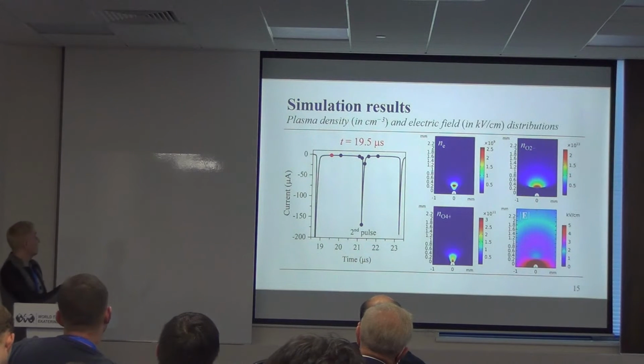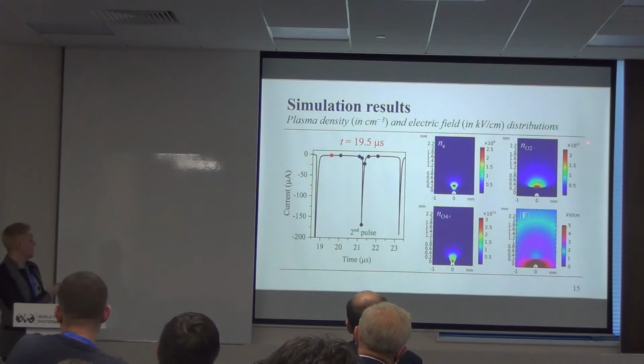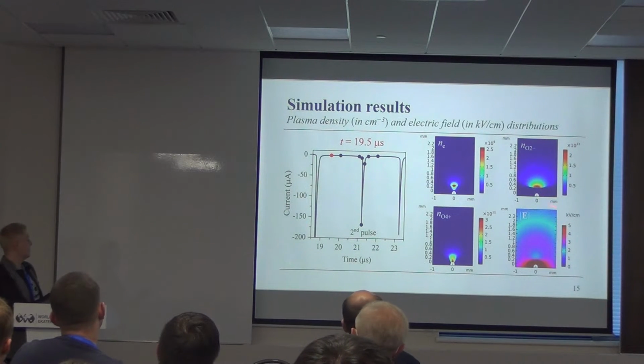Now you can see the space charge separation occurs. In the middle, you can see the positive space charge consisting mainly of O4 plus, and negative space charge away from the needle.